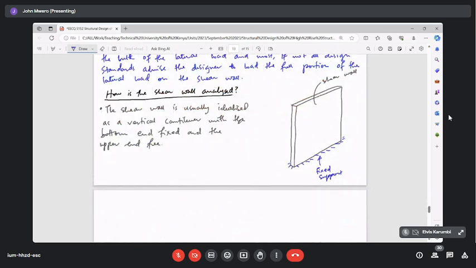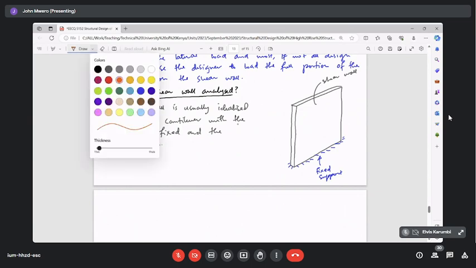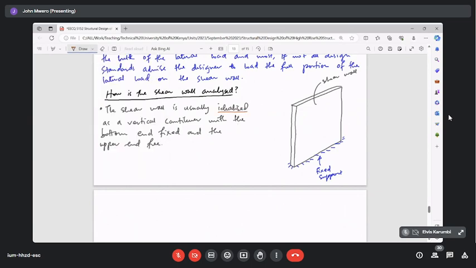It's a simplistic way of approaching it, but this is how we do idealization, because when we're doing hand calculations, we want to simplify the problem as much as possible. If you remember from that topic of idealization in your first structures unit, the reason we idealize structures is so that we are able to analyze them by hand.